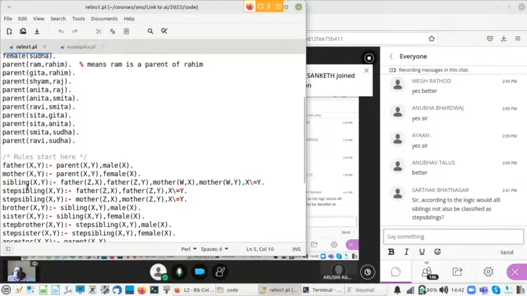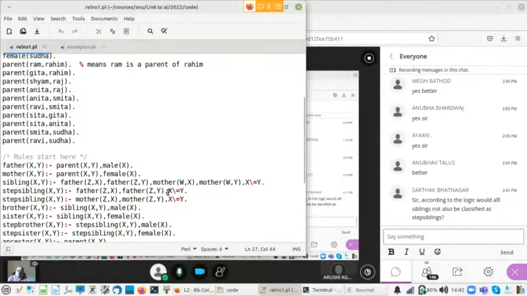But you are right. If somebody is a sibling, it will also imply that the persons are step siblings as it stands, because the first part is the same. The mother part is different, but we can add that. That's not a problem.